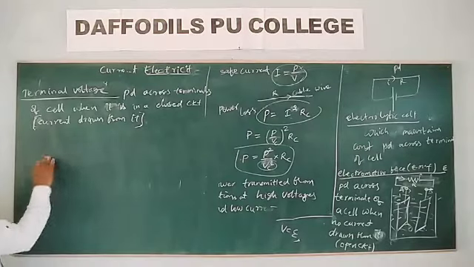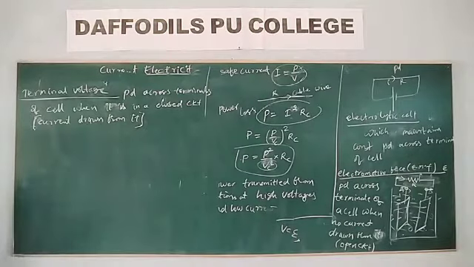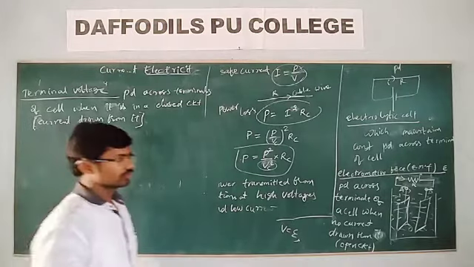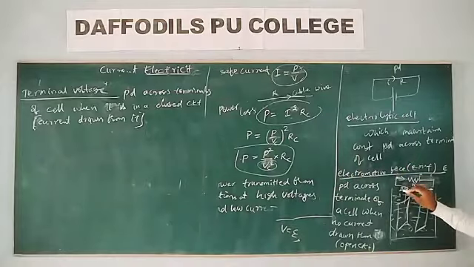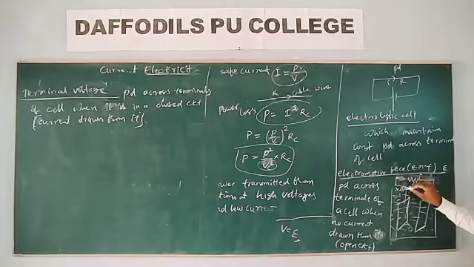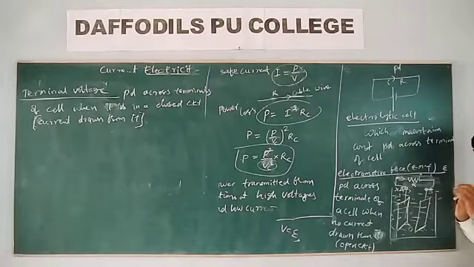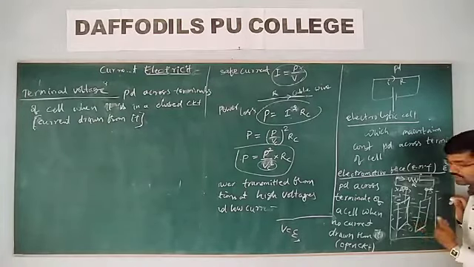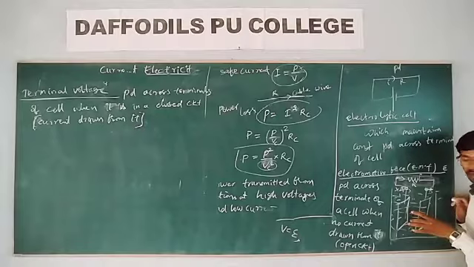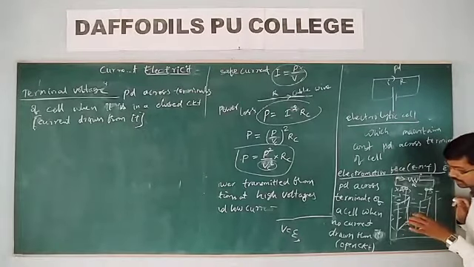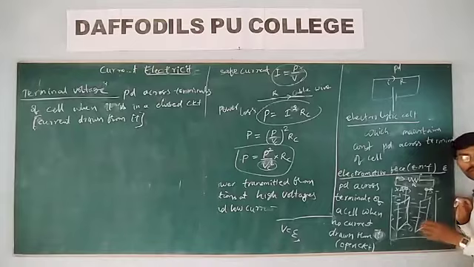When current flows, if A is positive and B is negative, outside the cell the current flows from positive to negative, but inside the cell the direction of current is from negative to positive. Whenever it is in a closed circuit, ions flow through the electrolyte, and the electrolyte opposes the flow of charges.